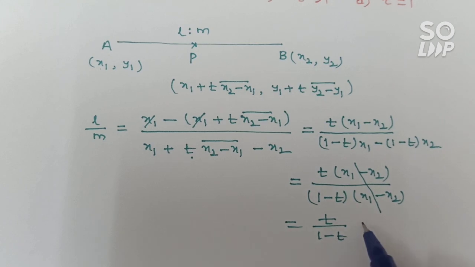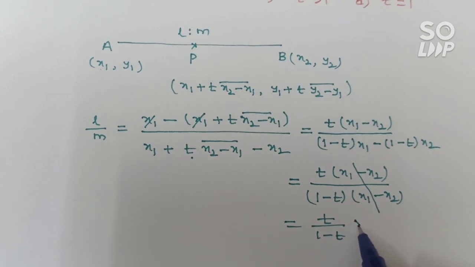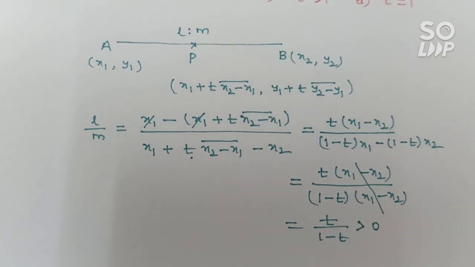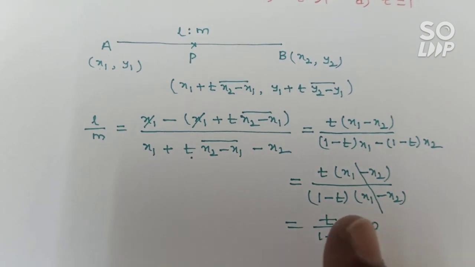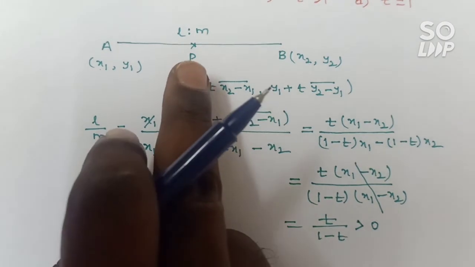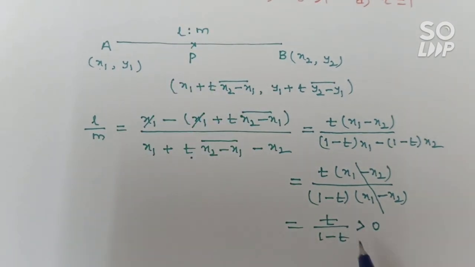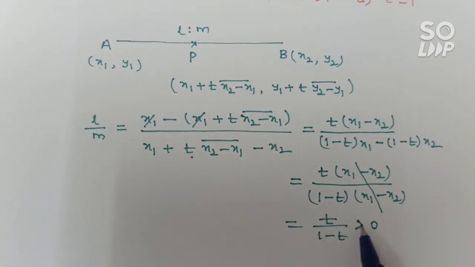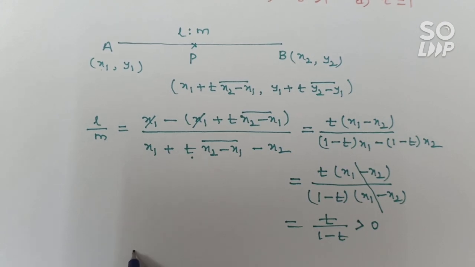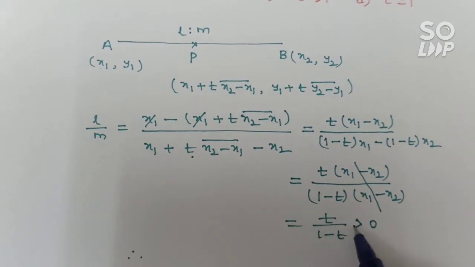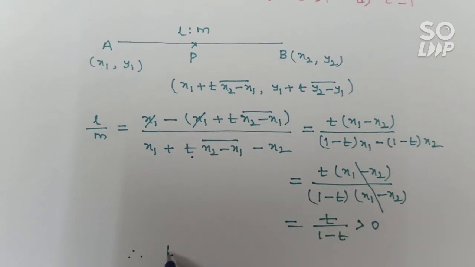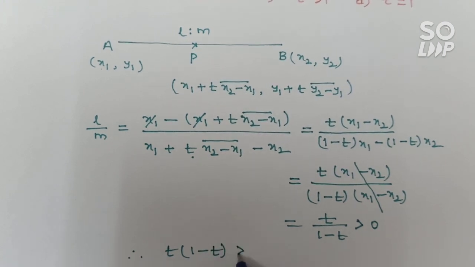This one is greater than 0. Why should it be greater than 0? Already in that problem, the point divides internally, and internally means the ratio must be positive. Therefore the ratio is positive, which means the product is also positive. t into 1 minus t is greater than 0.